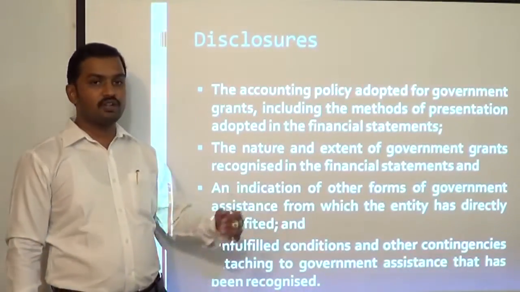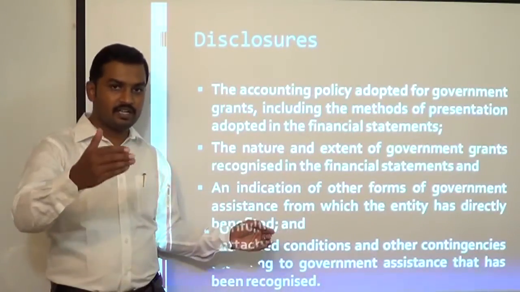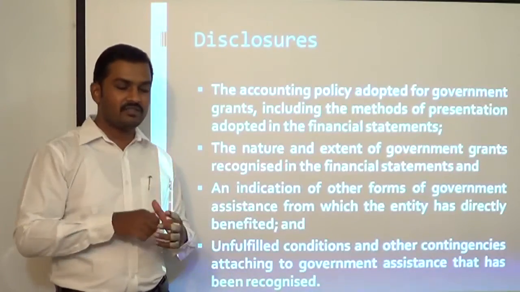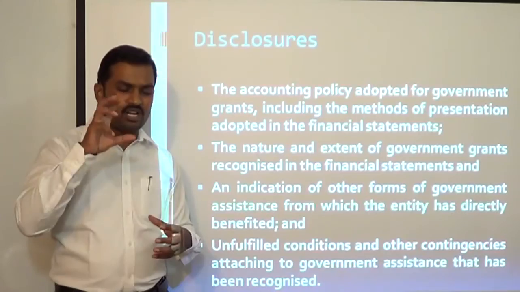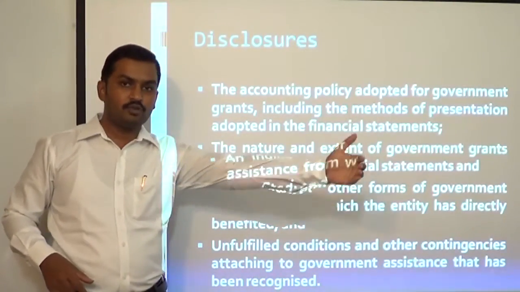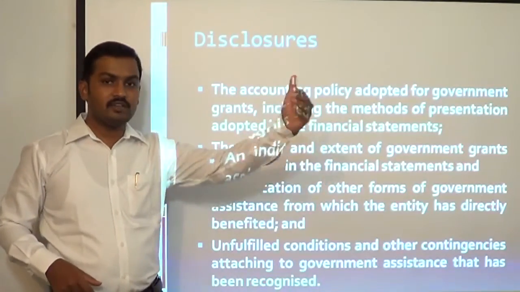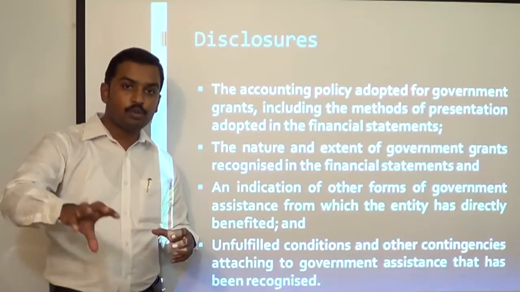Then an indication of other forms of government assistance from which entity has directly benefited. See, in our earlier discussion, we discussed that there can be certain situations where we get government assistance which cannot have value placed upon it. Like government gives you free technical advice, government gives you free marketing advice, or government is giving you guarantee, or you are supplying a part of your output to the government.